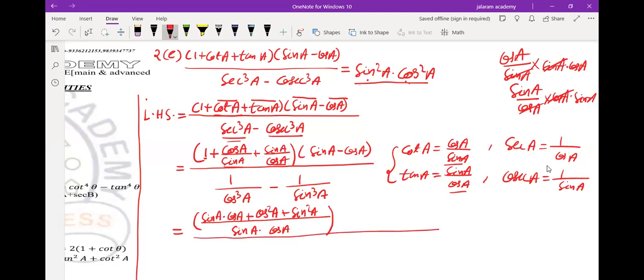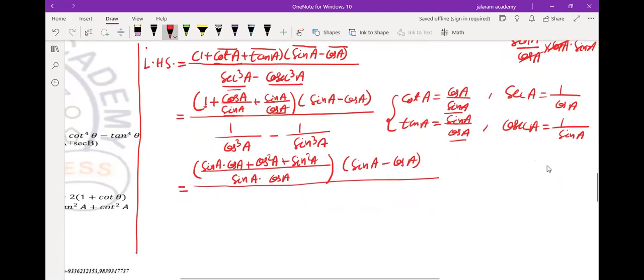Now the second bracket is written as it is. It is already in the form of sin A and cos A. And we will take the LCM of denominators in the denominator also: 1 by cos³A minus 1 by sin³A.